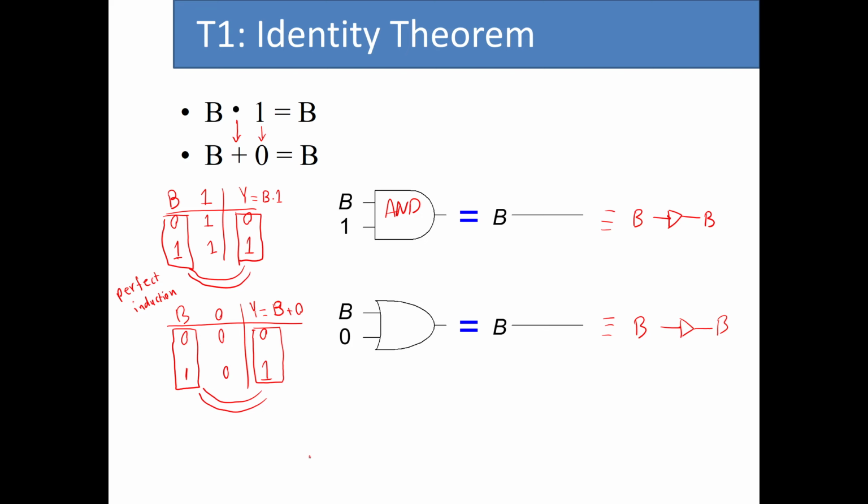So what we basically do here is verify whatever equality we have between two Boolean equations by considering all the possible combinations. If that equality is true for all the possible combinations, then we say that this equality is true, right?